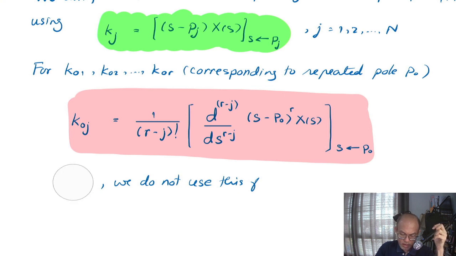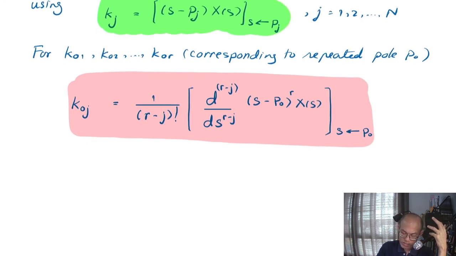I guess what I want to say is there is another method to find k0j.